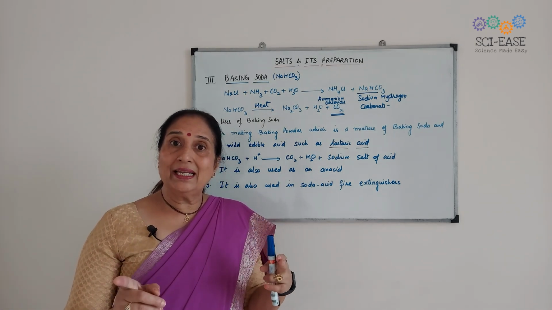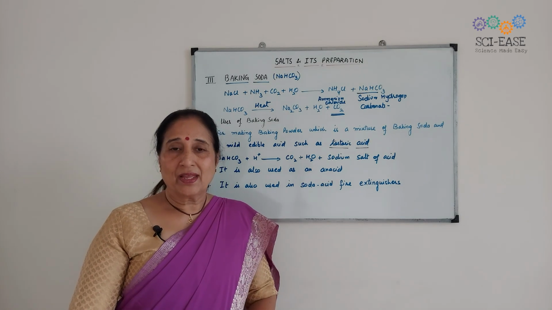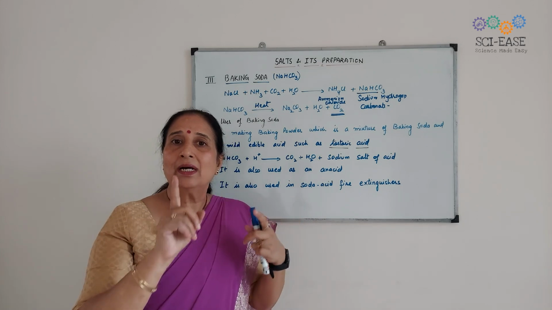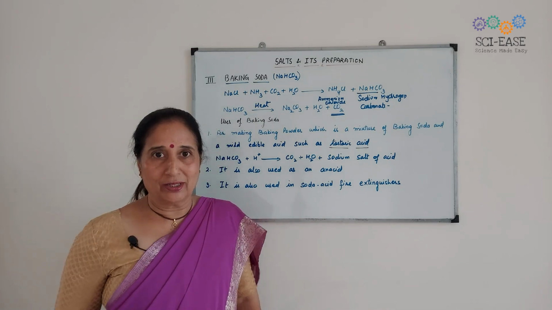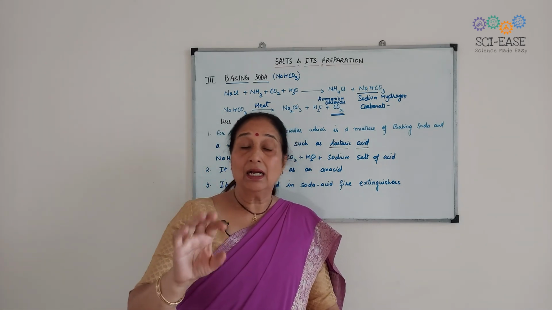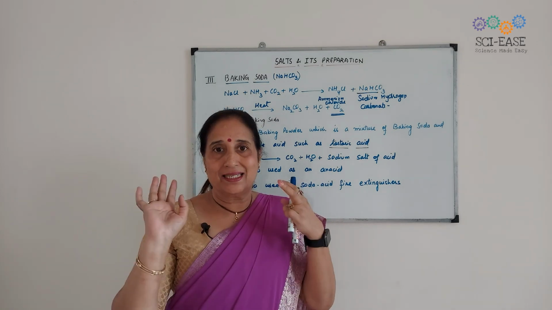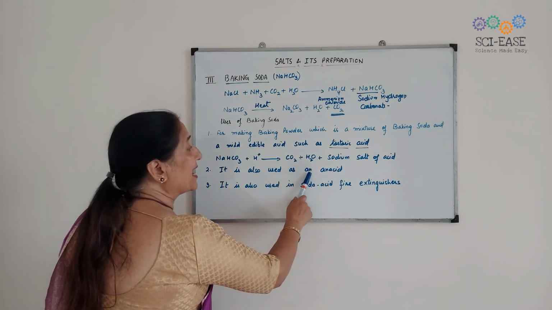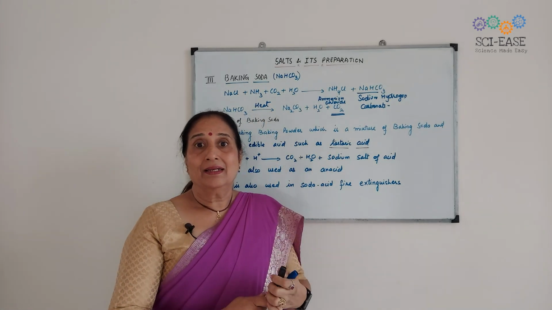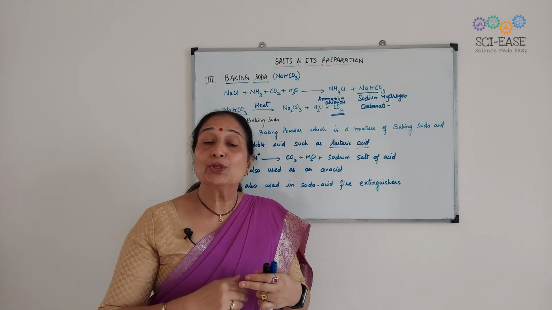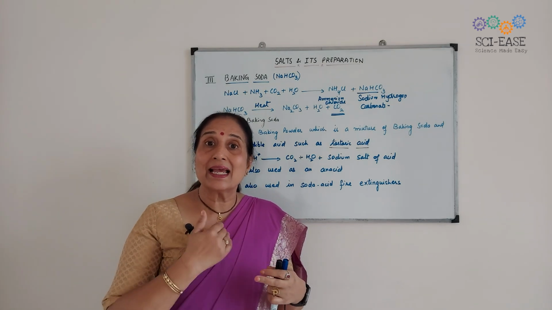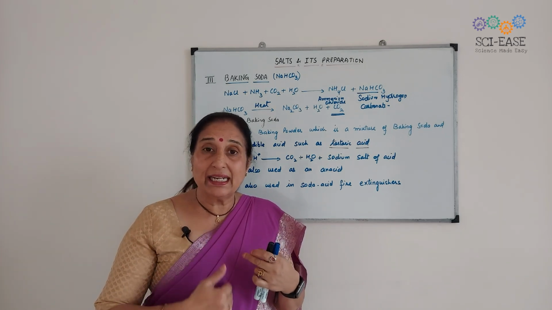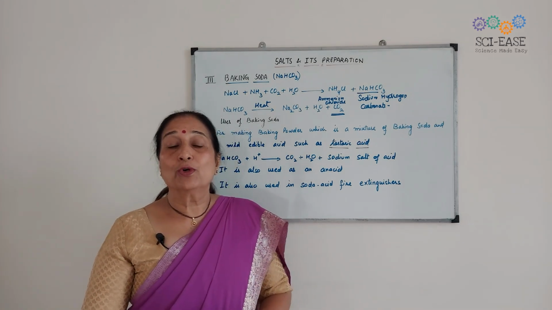When I was telling you about the pH, we measured the pH of sodium hydrogen carbonate also, baking soda. It is a mild base and it is also used as an antacid. This means it is used to neutralize the excess acid which is present, which gives irritation to us in the food pipe.